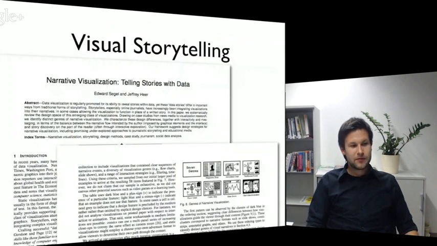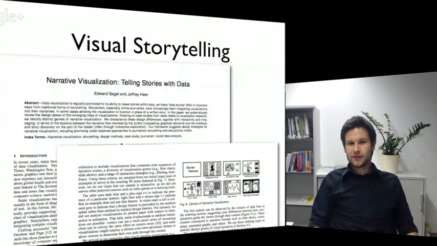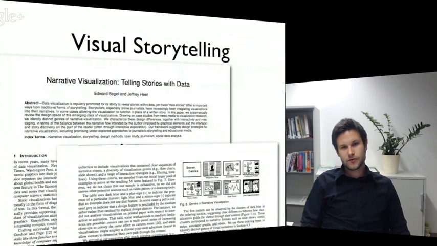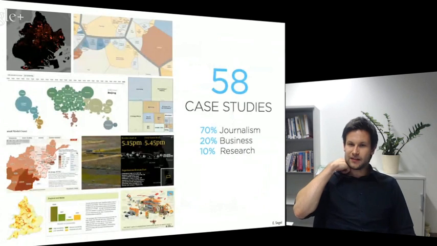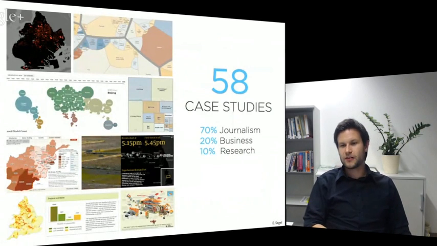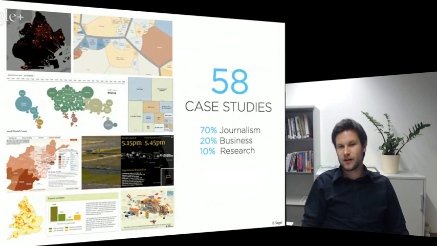And there was a paper on storytelling written by Jeff Hare, who used to be a professor at Stanford and then moved to University of Washington. They looked at 58 case studies, 70% from journalism, 20% from business, and 10% from research, on how people presented stories.